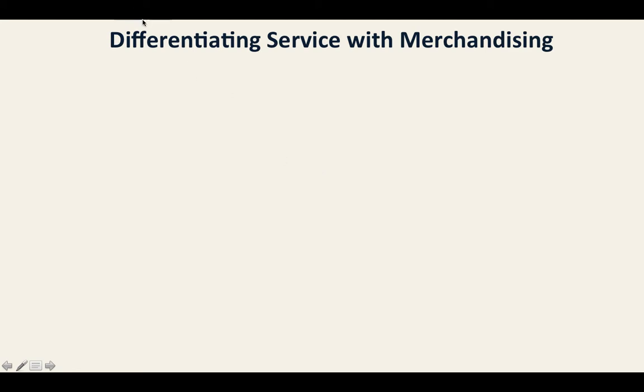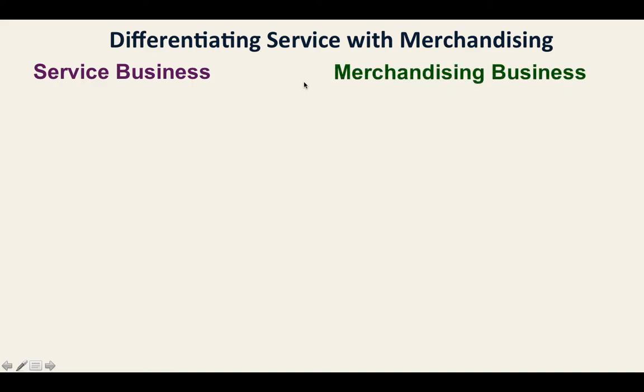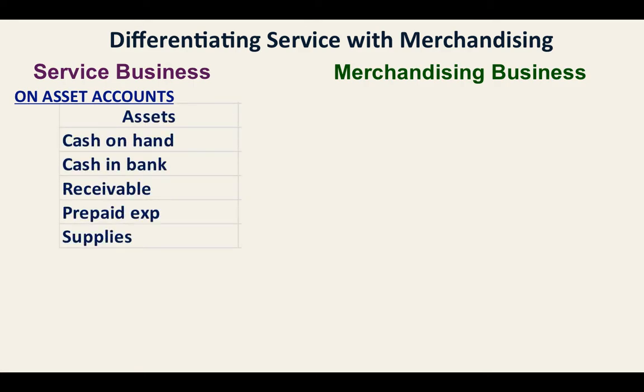Let's differentiate service with merchandising business. Let's first take a look into the accounts that we have used on service business. As far as asset accounts, we have cash on hand, cash in bank, receivable, prepaid expense, supplies.